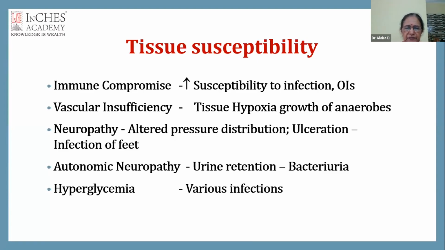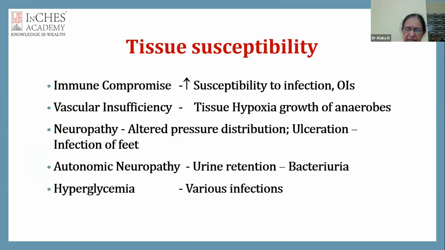Because of neuropathy, there is an altered pressure distribution, and they develop certain pressure points, which under friction or even a small injury will get an ulcer. This ulceration will lead to infection of the feet. Unless it is controlled in time, it will take a very serious turn and may result in amputation. So: immune compromise, vascular insufficiency, neuropathy.